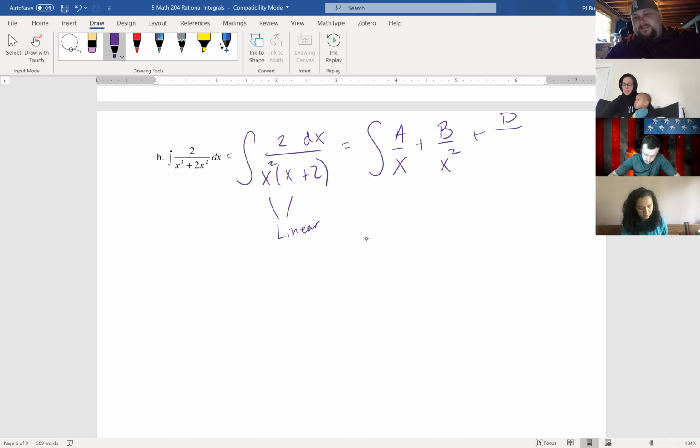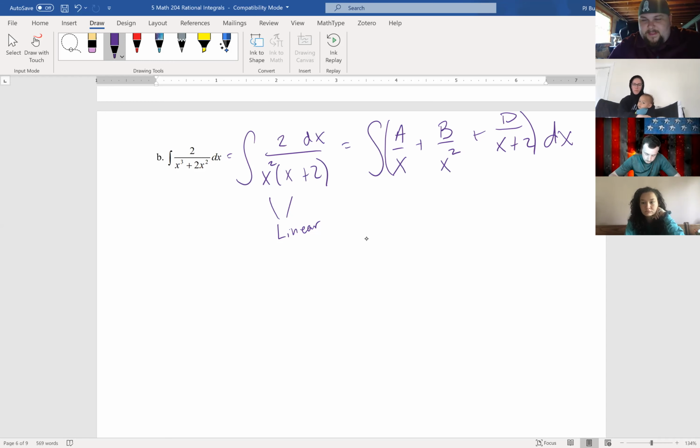And that c that I have there and the plus c at the end aren't the same thing. So let's just skip it and not have to worry about that confusion. So I'll put d over x plus 2. All right, so that's the breakdown.